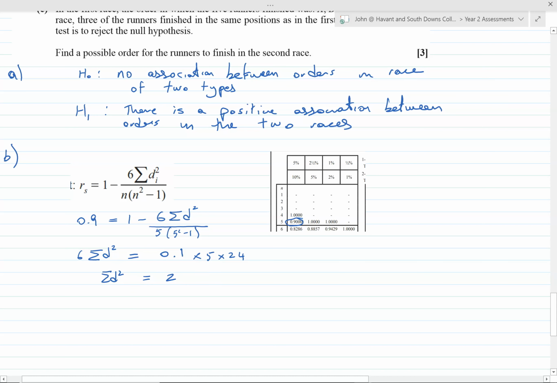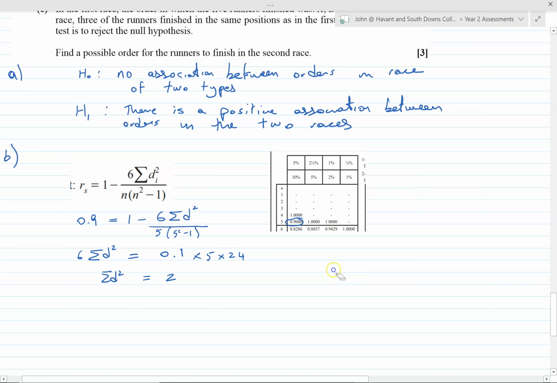So that's the smallest d squared can be in any circumstances, because that basically accounts for just the two nearest to each other swapping over. That's the most. You couldn't have something like A, B, E, D, C, because the E and C have swapped over and they're not close enough to each other.